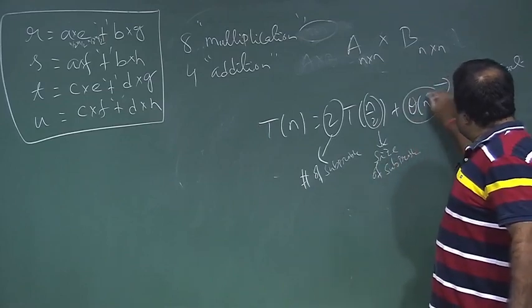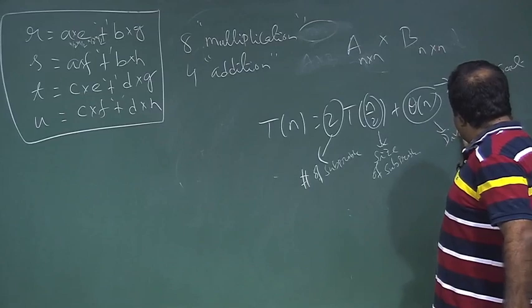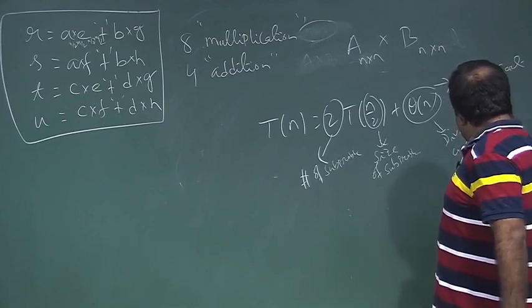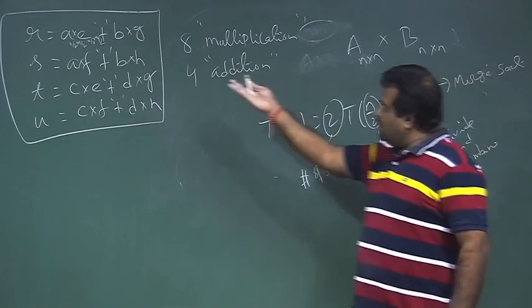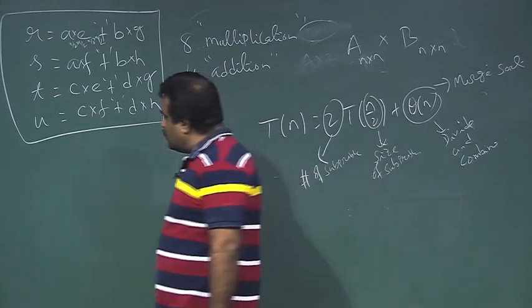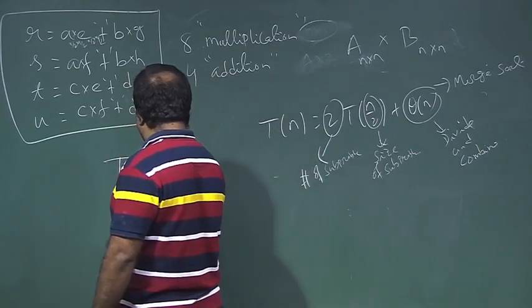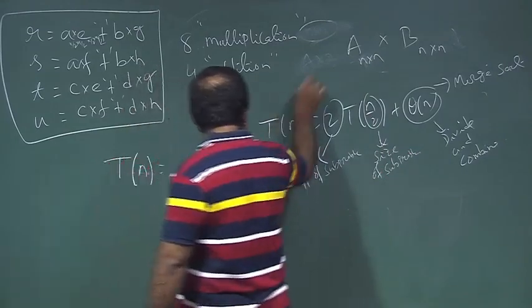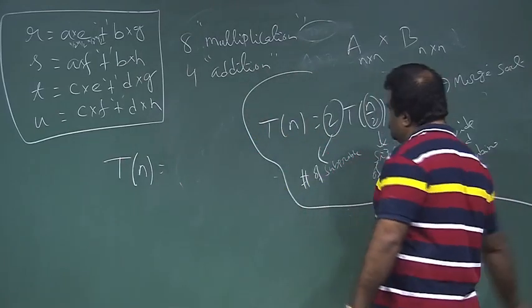And this is the cost for both divide and combine. So, now if we use this divide and conquer technique of matrix multiplication, what is the recurrence we have? T(n) is basically how many sub problems?